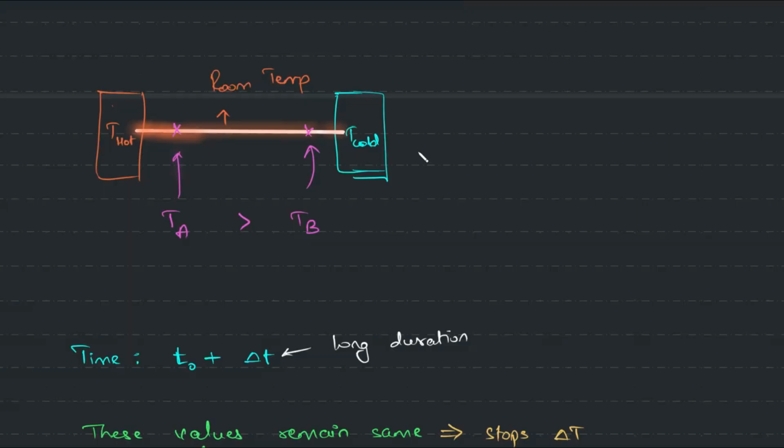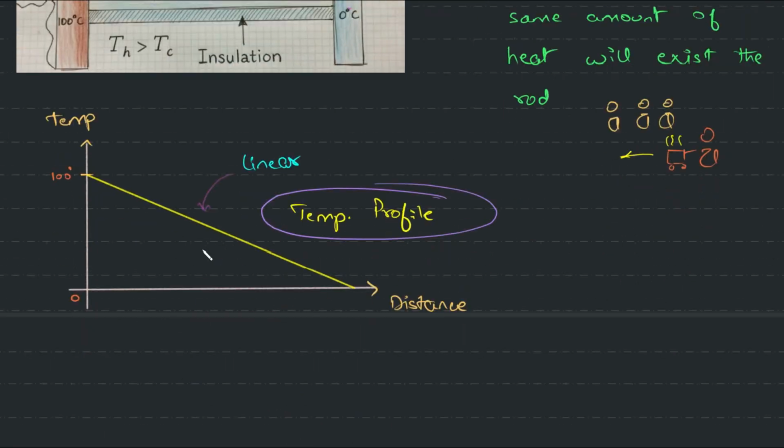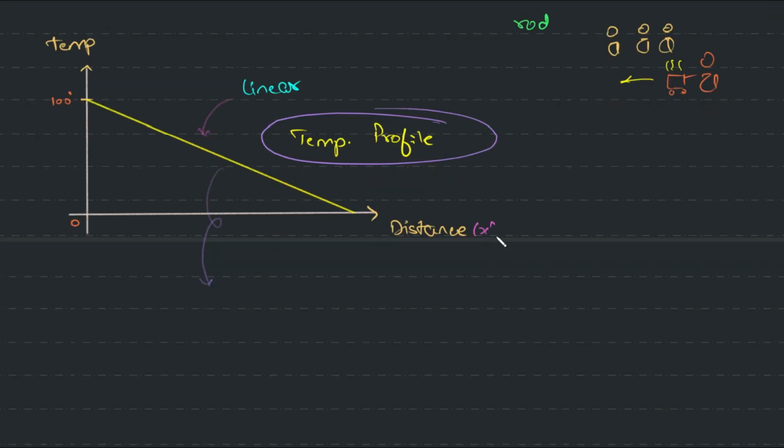Okay, so let me explain that. We have basically this equation. Here this is x, this is your T of x, and the expression is equal to T hot, that's basically this point, TH, minus x times (TH minus TL).